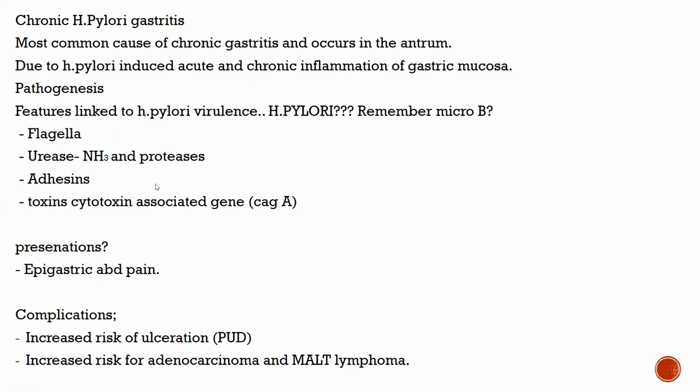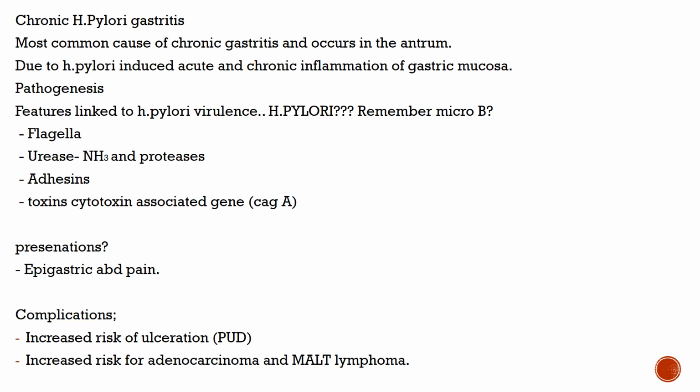The flagella, there's the urease, there's the adhesins, and then there's the cytotoxin associated gene A. The flagella is used for movement.